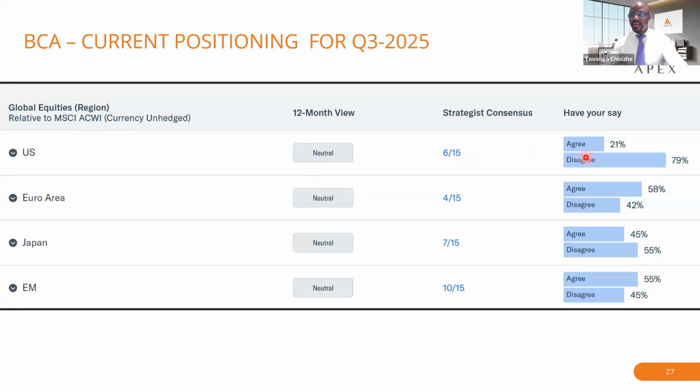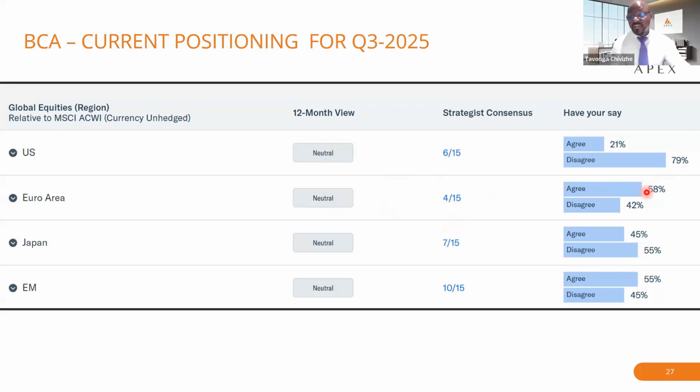And as far as the subscription is concerned, this is not a nice vote of approval, meaning that many of the subscribers would either be underweight or overweight, but we don't know which. As far as we're concerned, we are in the underweight camp, so we would have been in the disagree camp of 80%.